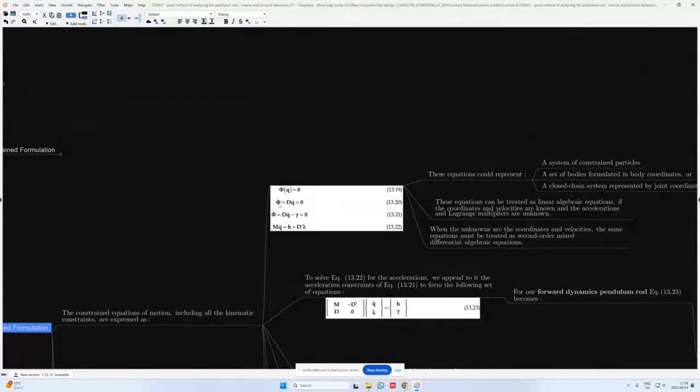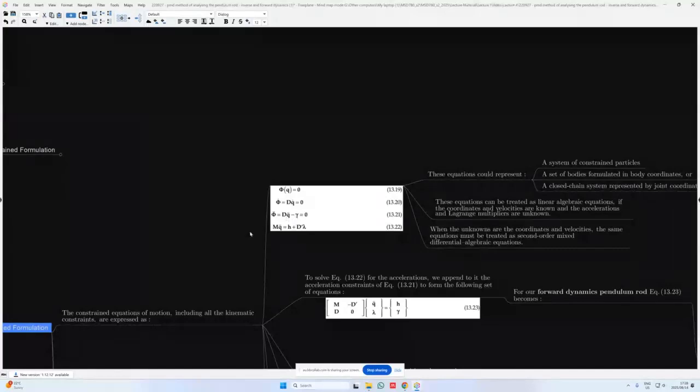If we derive this once, we end up with the second equation 1320, where the Jacobian matrix now comes into play. And if we derive this constraint equation once again, we end up with the accelerations, and this is also a function of the Jacobian matrix, the accelerations, and this constant lambda over here as well.